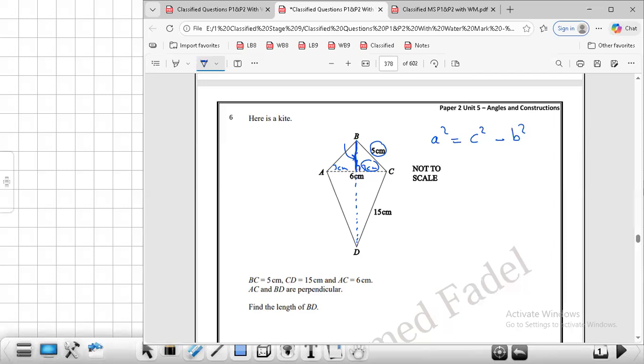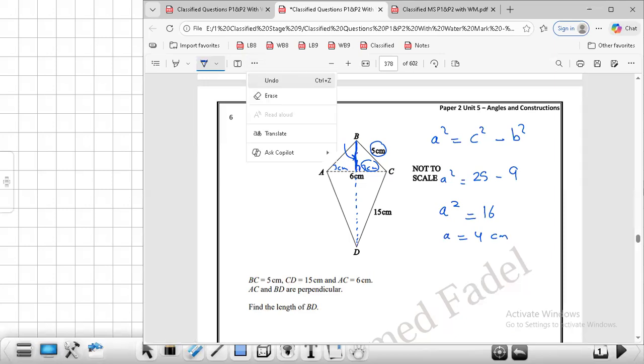C is 5, so 5 squared is 25, minus 3 squared, which is 9. So A squared equals, you're going to find, 16. So it is 4 centimeters. So we know now that this one is exactly 4 centimeters.